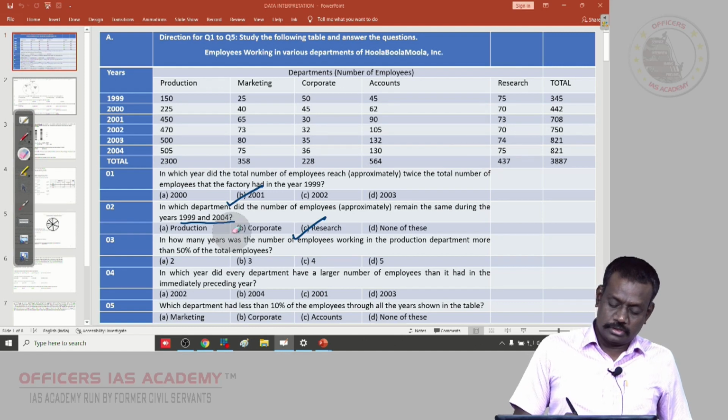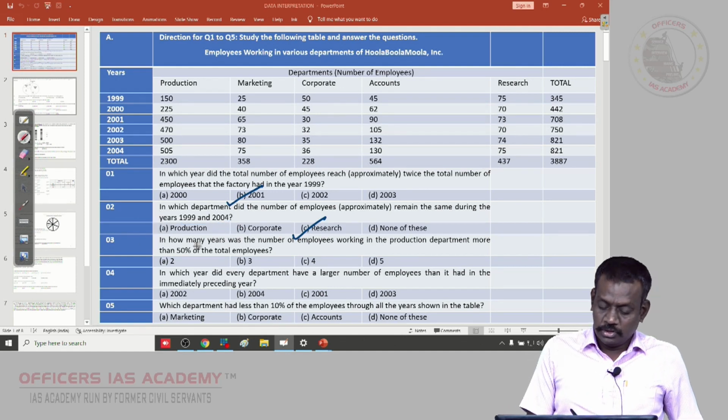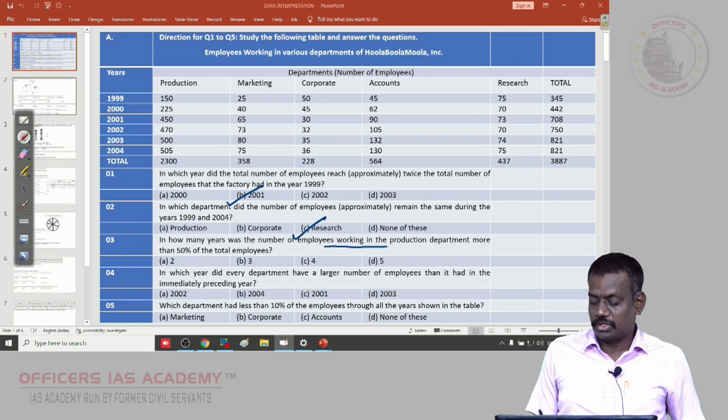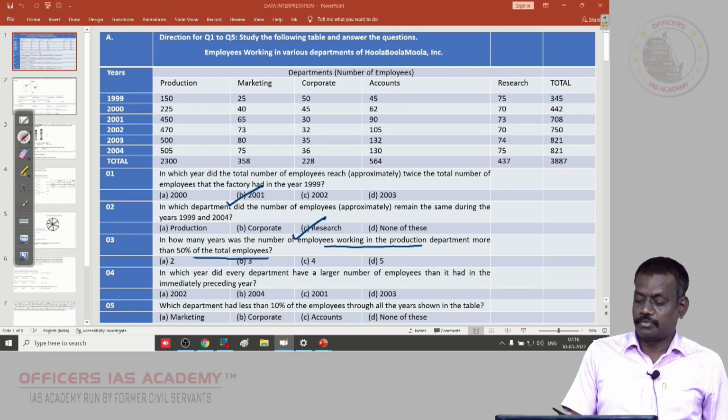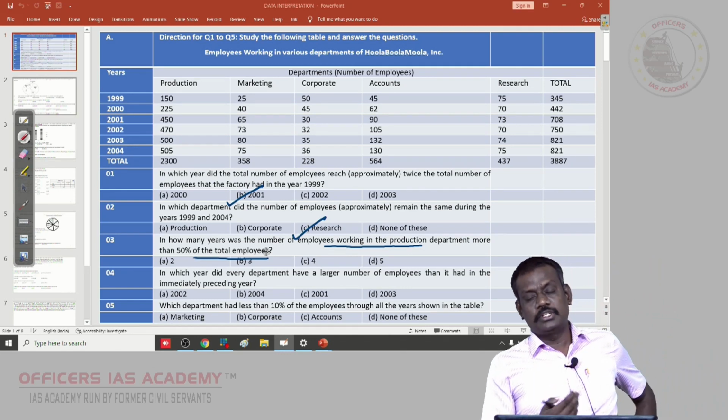And coming to the third question, in how many years was the number of employees working in the production department more than 50% of the total number of employees? Production more than 50%.